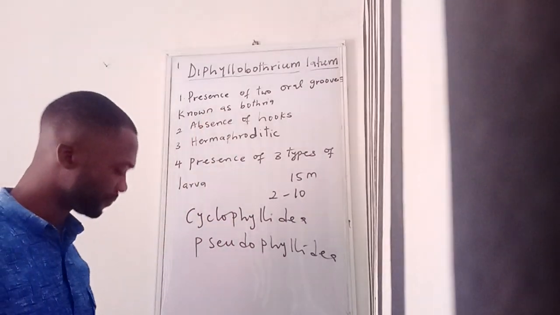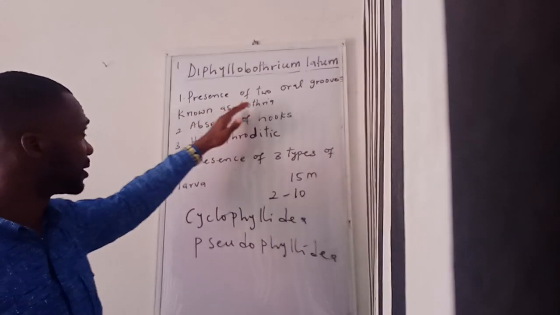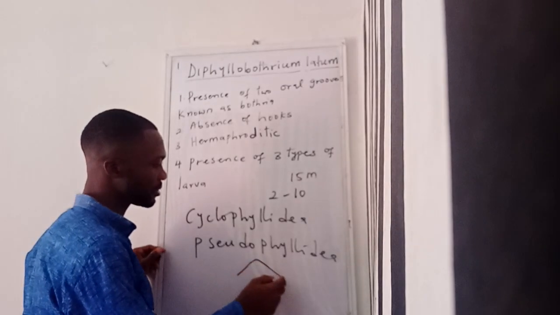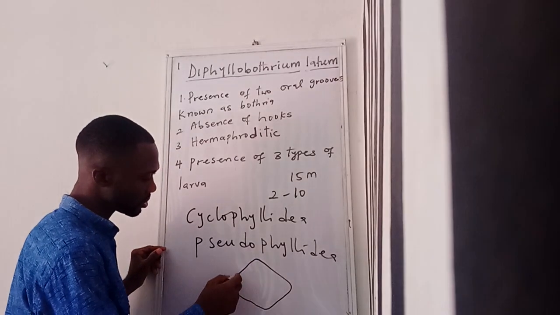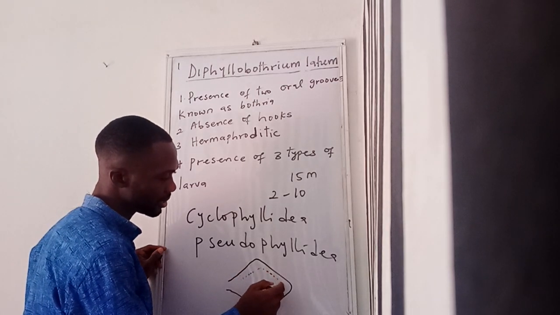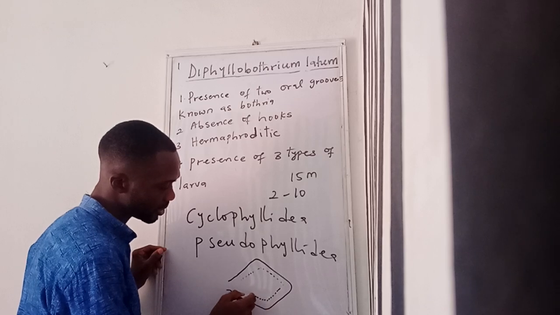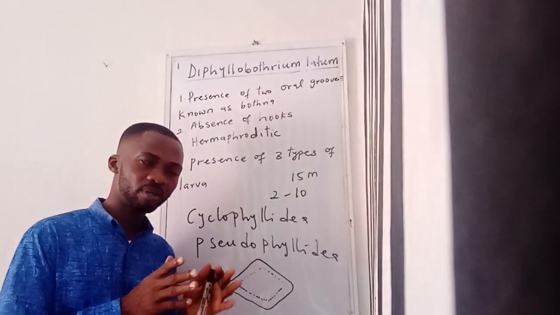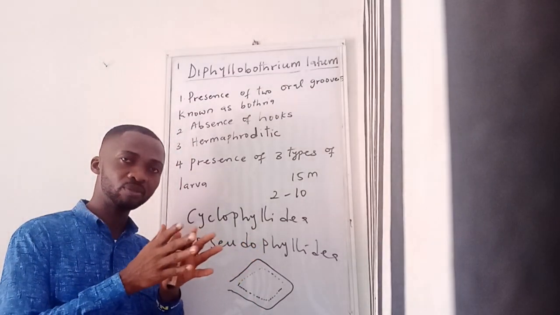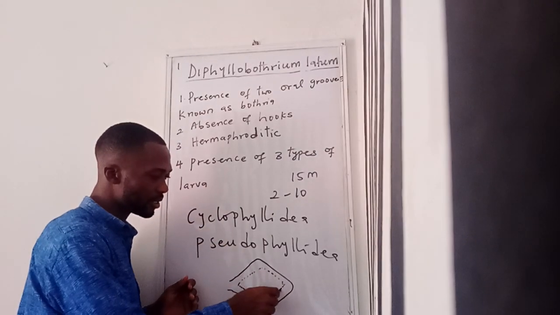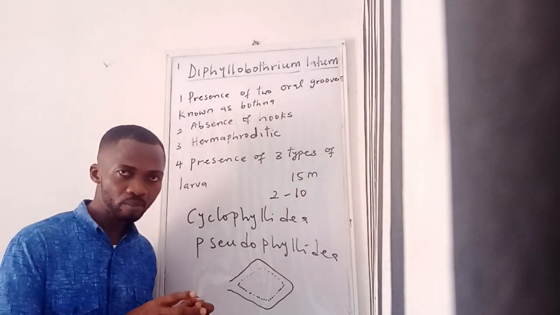A few of the characteristics: there is the presence of two oral growths known as botria. This parasite does not have the globular head you see in members of Cyclophyllidea. Instead, on the two sides, it has two oral growths called botria, and this is how they appear.